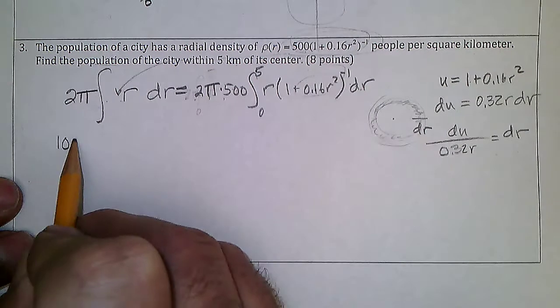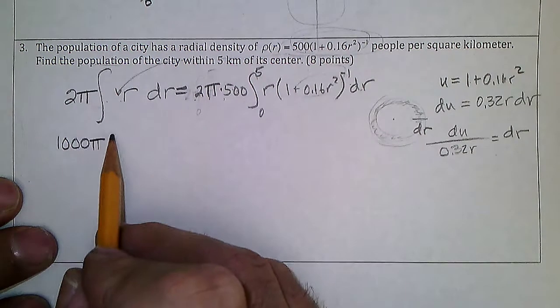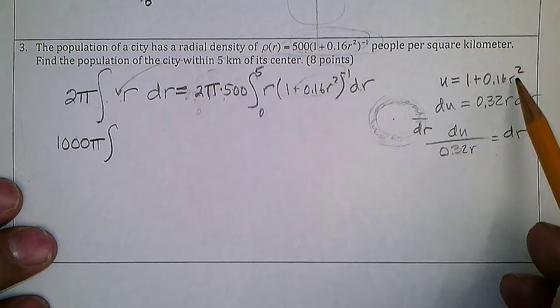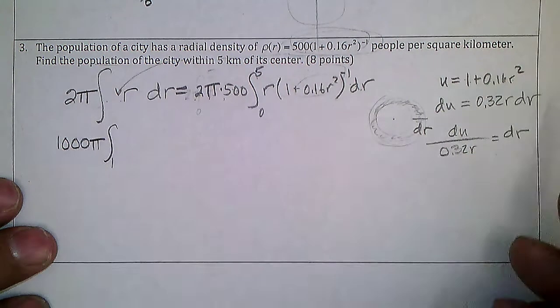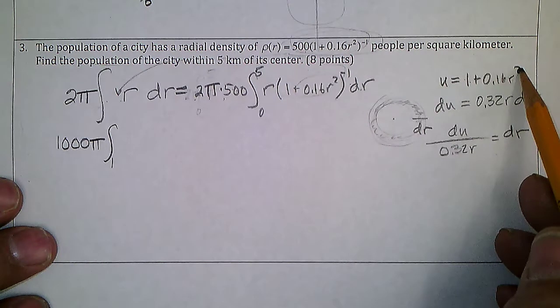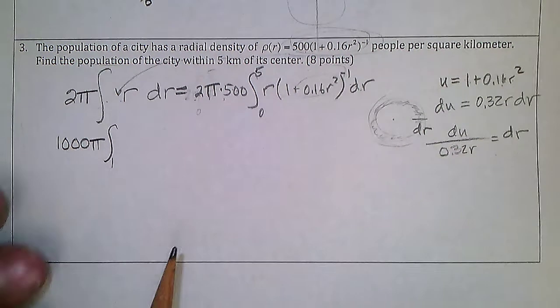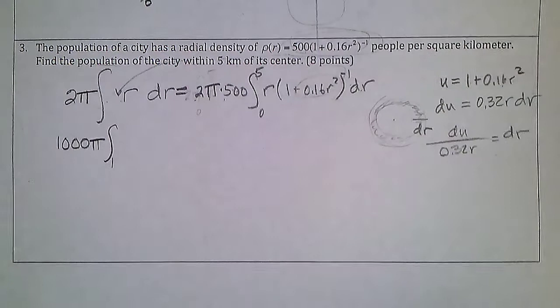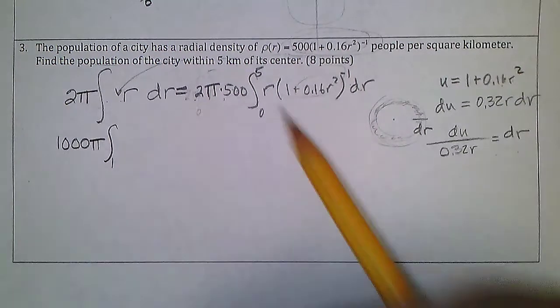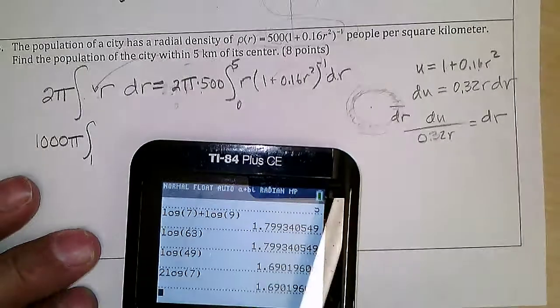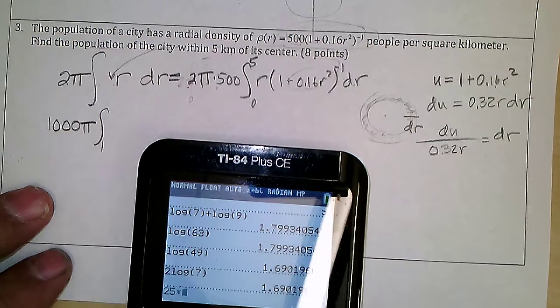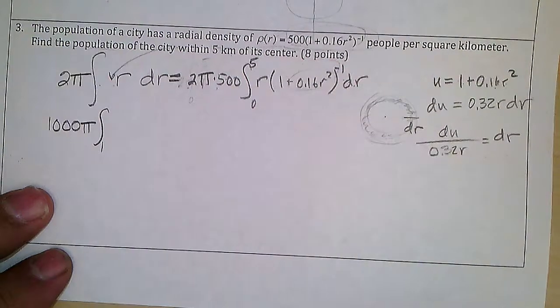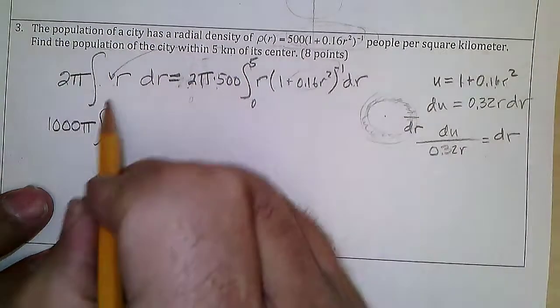And so this is going to be 1,000 pi times the integral from, let's see, now if I put 0 in here, I get 1. And if I put 5 in there, 5 squared is 25. 25 times 0.16 is, where'd my calculator go here? 25 times 0.16 is 4. 1 plus 4 is 5.